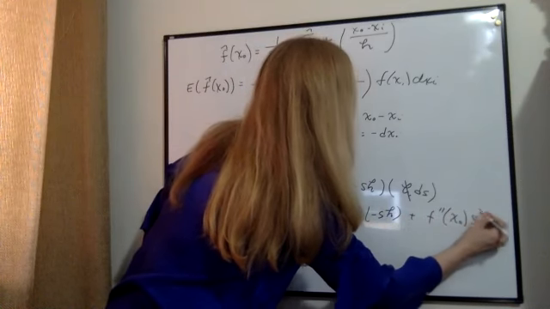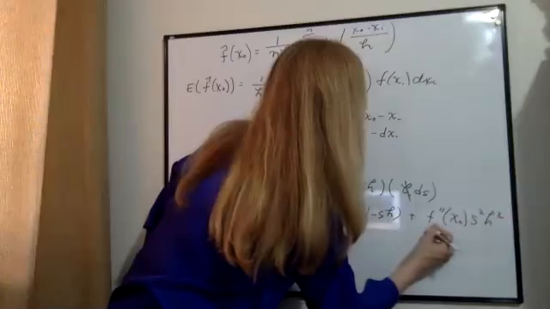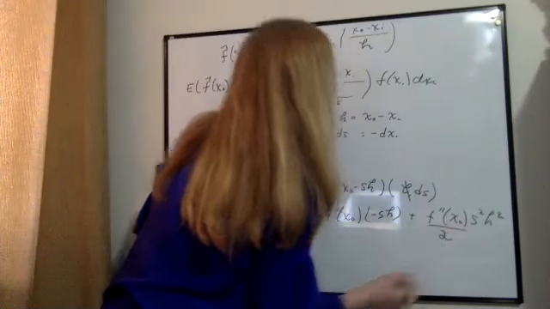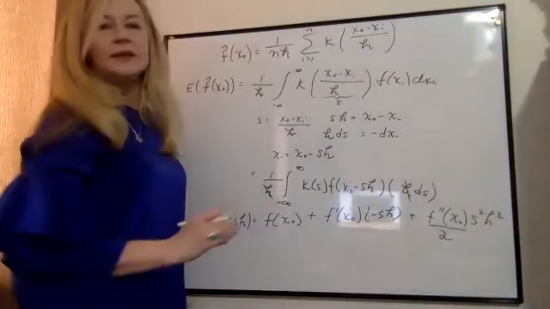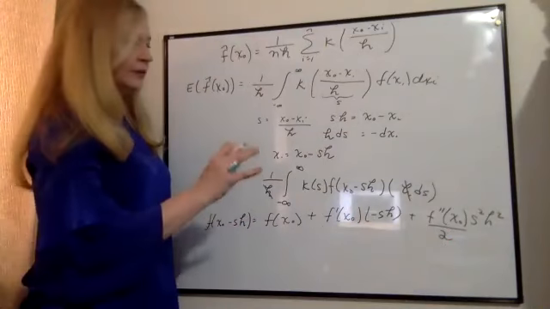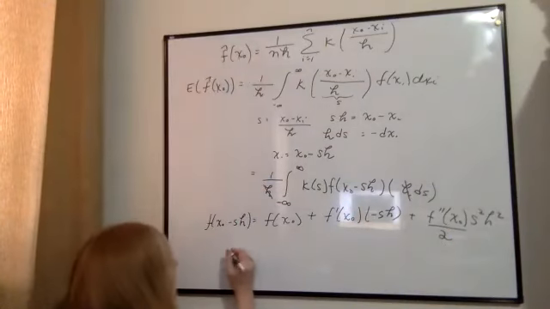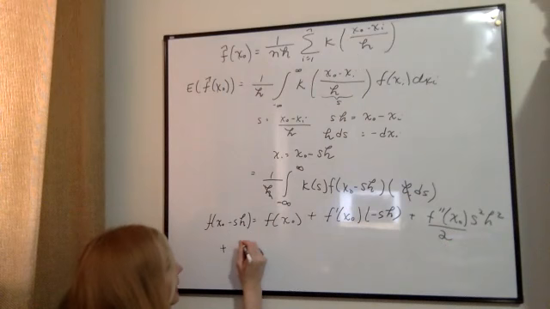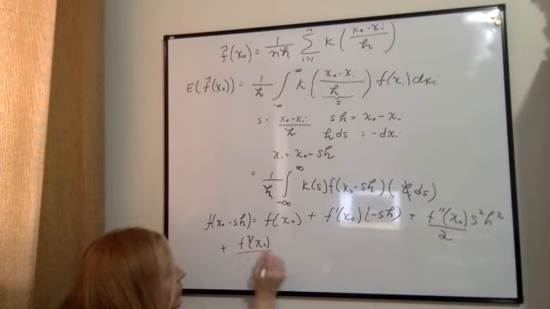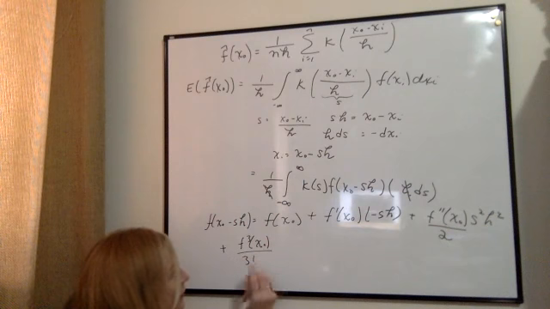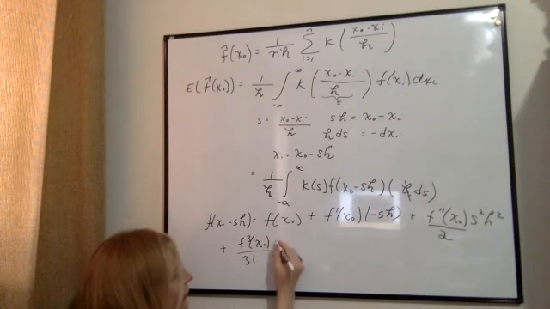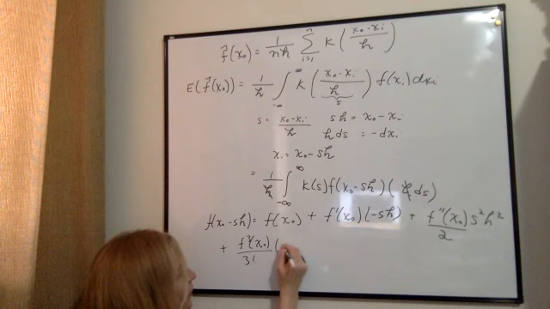This could be s squared h squared over 2. So I'm using Taylor expansion here to write it this way. And then this would be like the third derivative. Of course, every time I expand more terms, I'd be assuming these derivatives exist. This is 3 factorial, minus sh to the third.